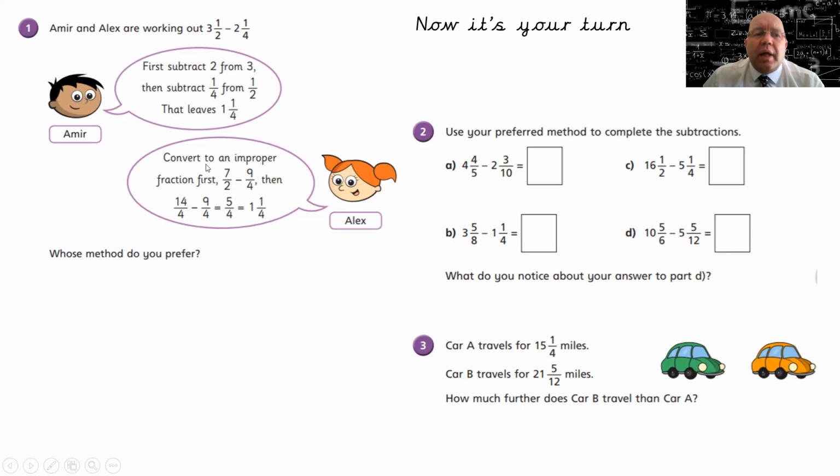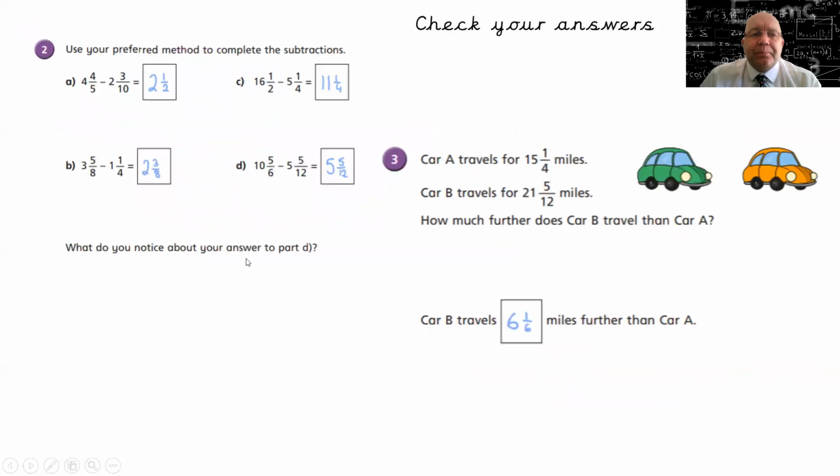So if you just want to have one method as a technique, then improper fractions might be the way to go. But it's whichever you're confident with. Mixed numbers, that's fine, but your first fraction needs to be bigger than your second fraction. Otherwise, you're crossing over wholes and it can get quite complicated.